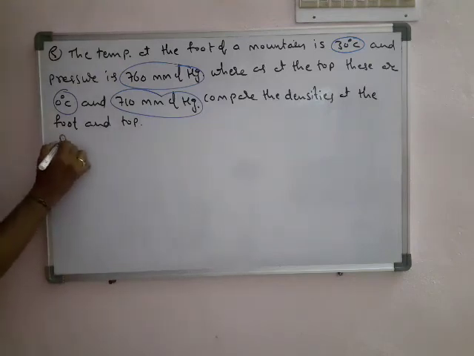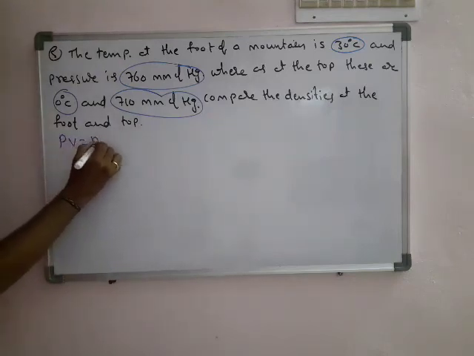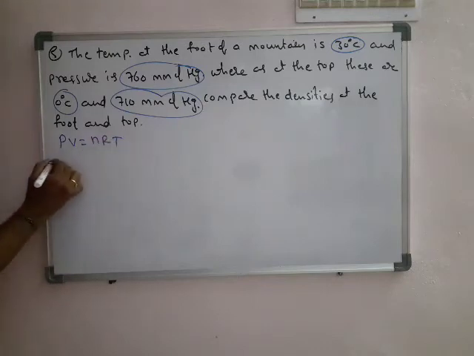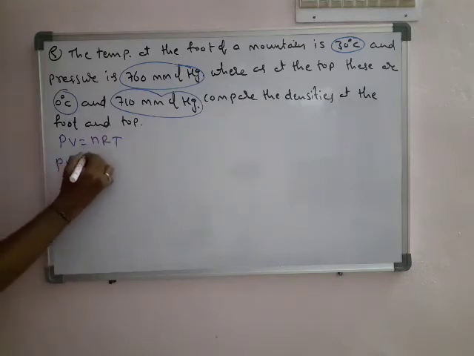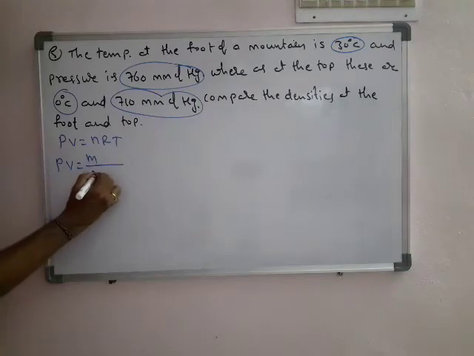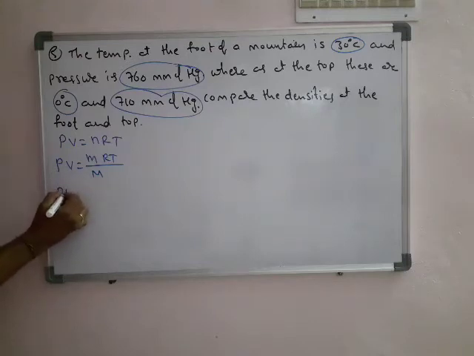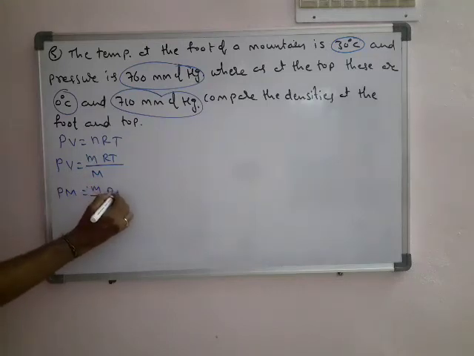So we know the equation PV equals nRT. Here what is n? Number of moles. If you expand the number of moles, it is weight by molecular weight. Making M this side, small m by V, mass by volume.